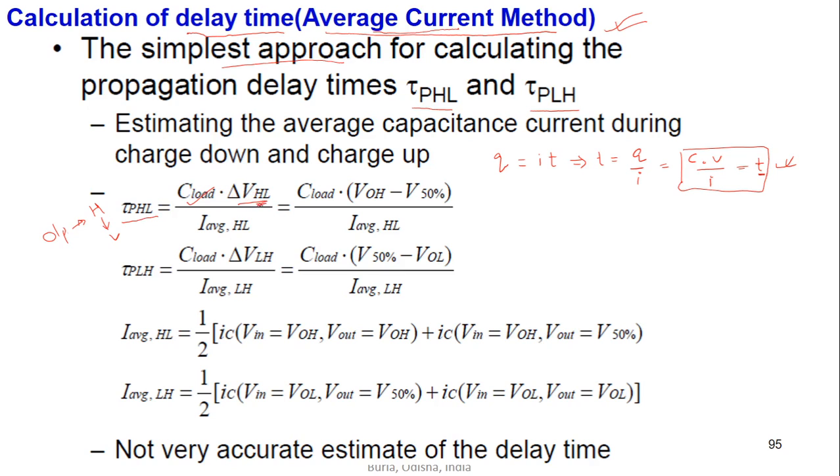And I average HL is the average current that flows between these two conditions.